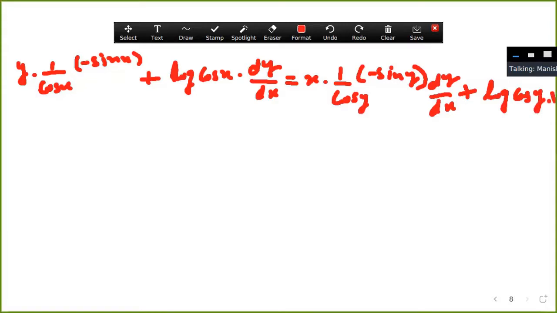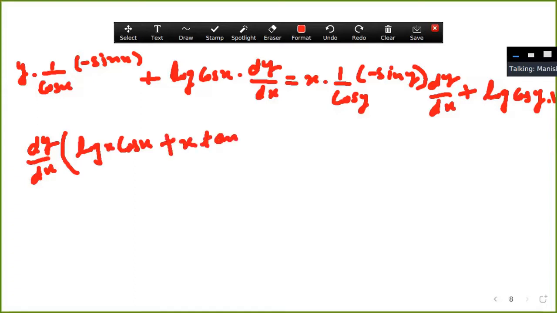Okay. Now you have to collect the terms. What you will get? Collect the terms of dy upon dx. Log of cos x on the left, and from the right it is plus x tangent y.